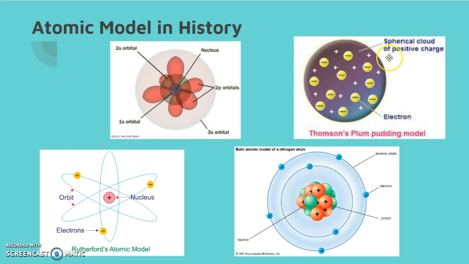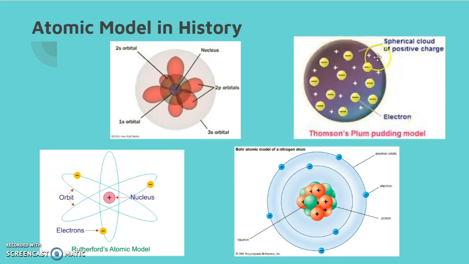We have over here a little bit more outdated model of an atom. This was contributed by Thomson, and this is called the plum pudding model. The reason it's called that is because this was the first model that incorporated both positive and negative charges, which we later decided were called protons and electrons.